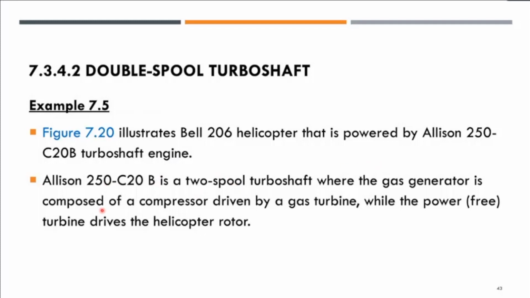Where the gas generator is composed of a compressor driven by a gas turbine, while the power or free turbine drives the helicopter rotor. Okay, so you will be using the earlier explanation, the theory that we just looked into in the previous slides, to be applied in this situation.